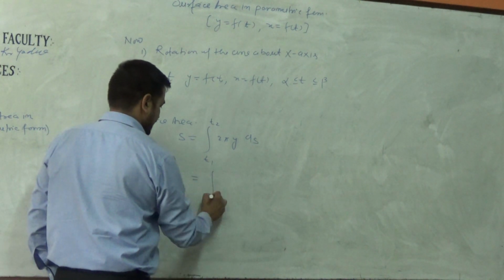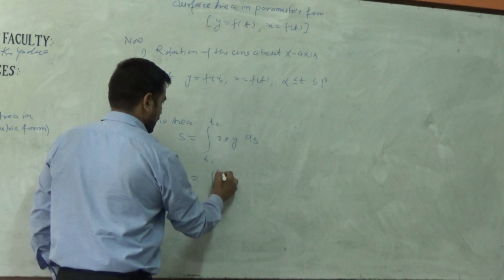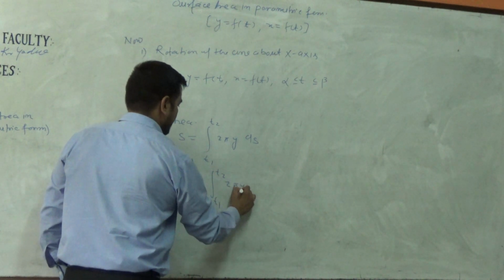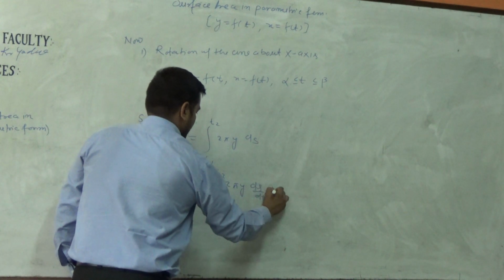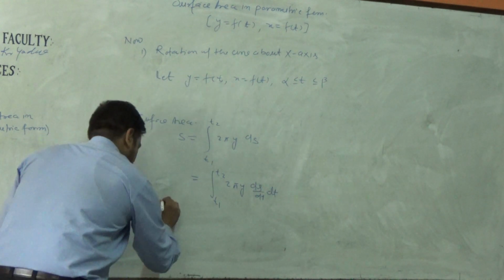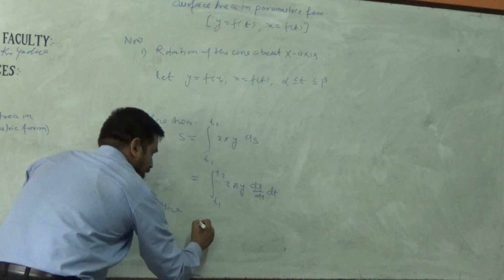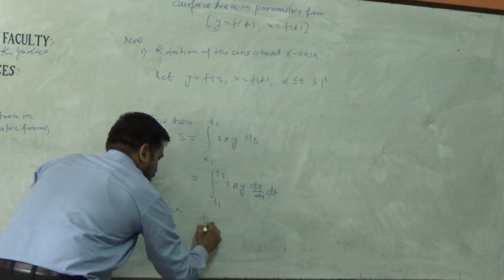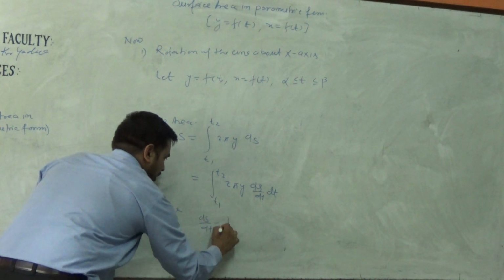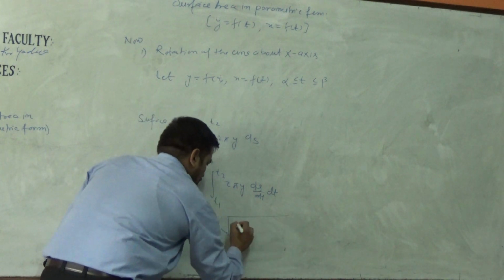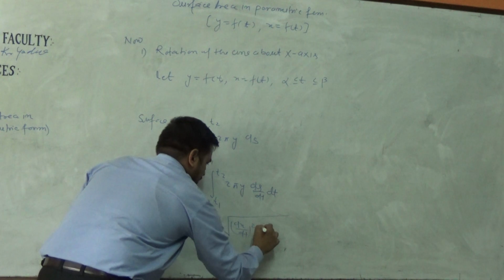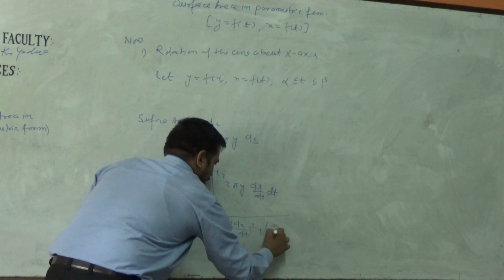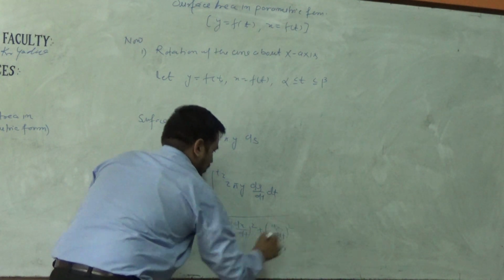This is the integral from t1 to t2 of 2 pi y ds upon dt into dt. Here ds upon dt equals under root dx upon dt whole square plus dy upon dt whole square.